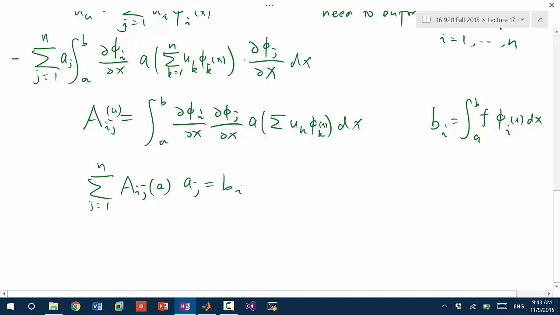So j goes from 1 to n. So from a nonlinear differential equation, we derive a nonlinear system. So how to solve this nonlinear system is the new thing we need to deal with in nonlinear finite element.